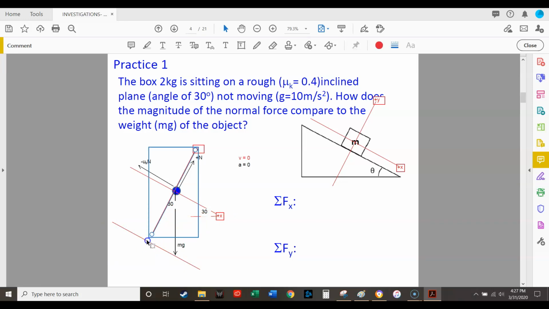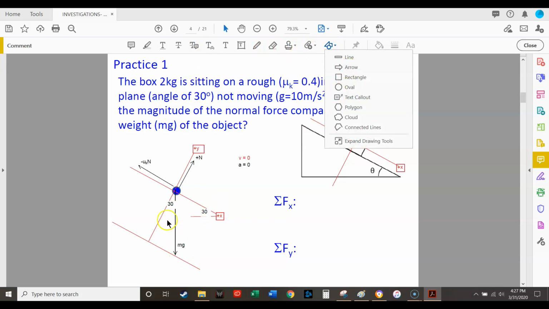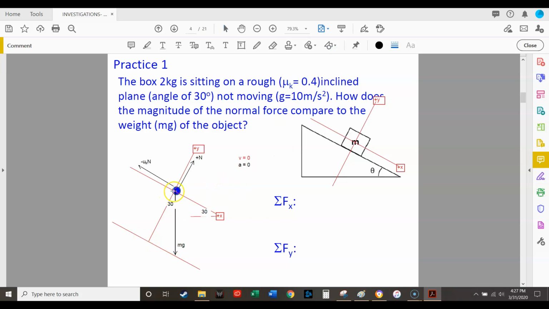We'll lengthen this, make it a little bit longer. And so now you can see a little triangle that is emerging. Okay? So that is going to be how we're going to be breaking up mg, which is diagonal to our coordinate system. It's going to be pointing down. So I'm going to draw a down vector. And then it's going to be pointing to the right.